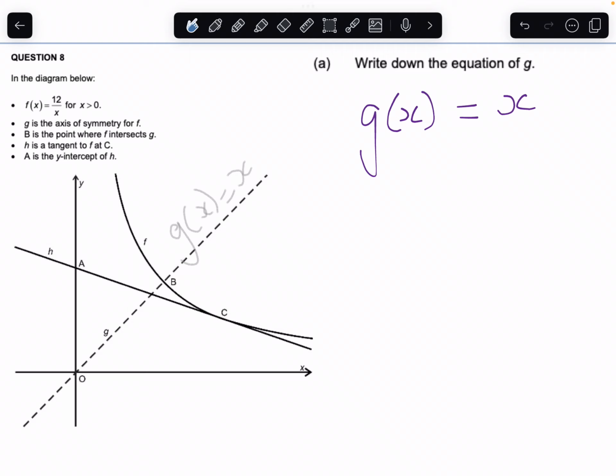Let me actually open up the memo just so I can check myself now and again. Almost there.